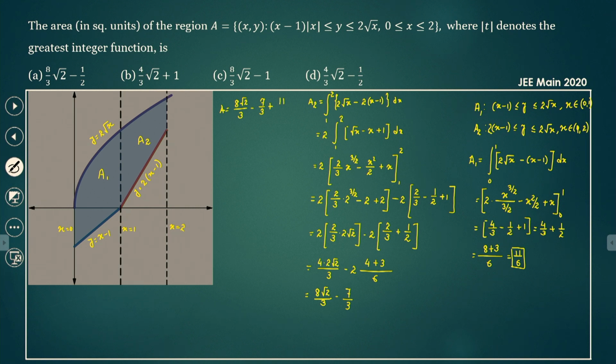Basically we need to add A1 plus A2. With 6 as the LCM, 11 minus 14 gives 8 root 2 divided by 3 minus half. And so for this problem, option A is the right answer.